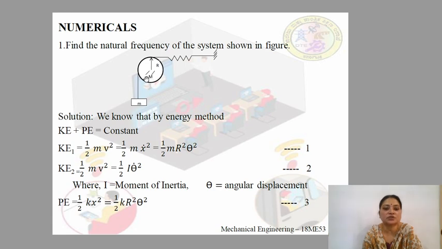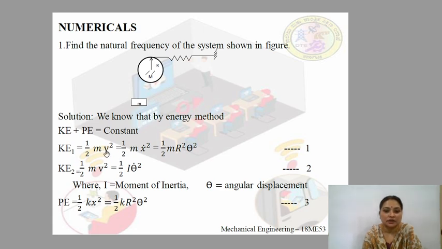we are supposed to first find the kinetic energy of both the masses. Let us consider the kinetic energy of the first one, the mass represented by small m, and the kinetic energy of the second one, that is capital M. Kinetic energy of 1 is half m v square, the standard formula for kinetic energy.